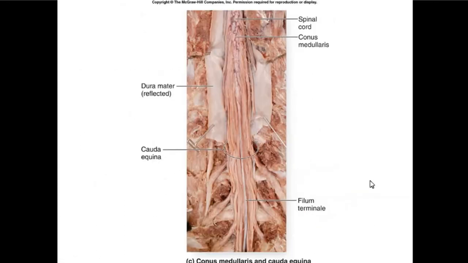Okay, and then if you look at this picture here, it shows you the dura being reflected. You can see evidence of the denticulate ligament here, very thin tissue, somewhat translucent. That's the denticulate ligament.